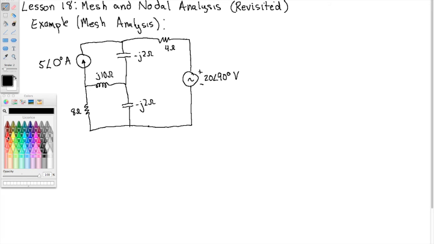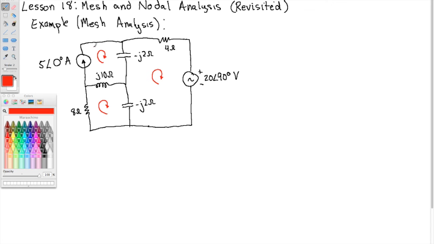So, if you recall, we're going to identify the meshes. We have 3 meshes here. A mesh is a loop that contains no other loops. So we've got these 3 rectangles, if you like. Now, this mesh current is the only one that's contributing to this current source, 5 angle 0.